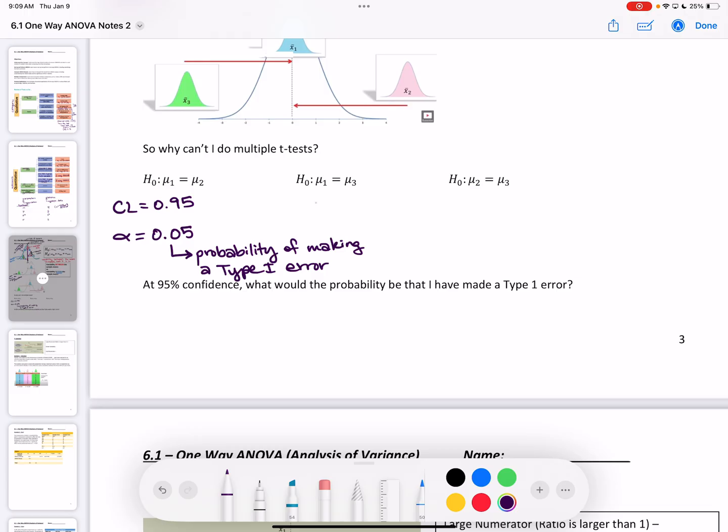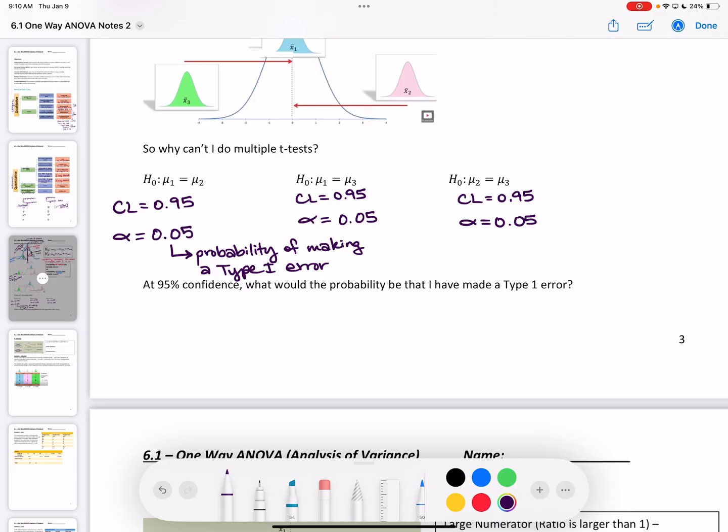Then, again, I'm going to use that same confidence level, which means what's the probability I'm going to make a type 1 error for this t-test? 0.05, right? Then same thing for this one.